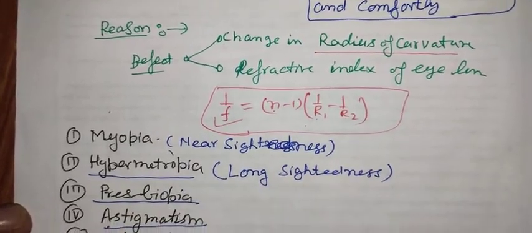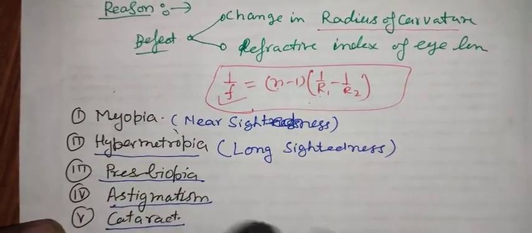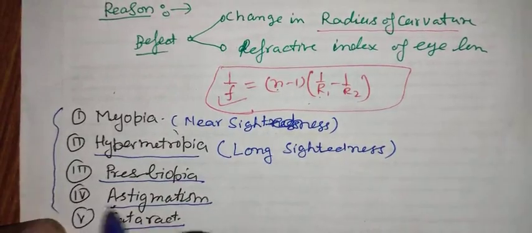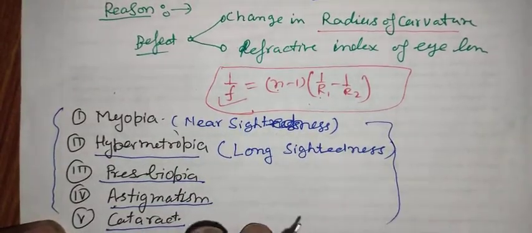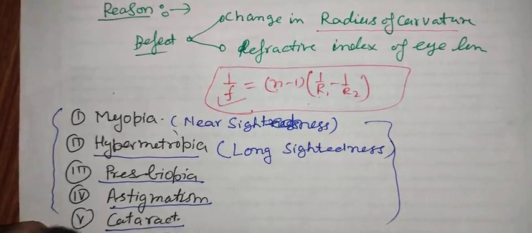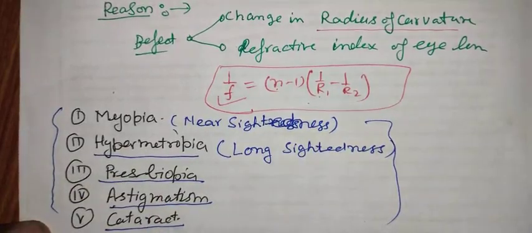We will see all these common defects of the human eye one by one in detail.